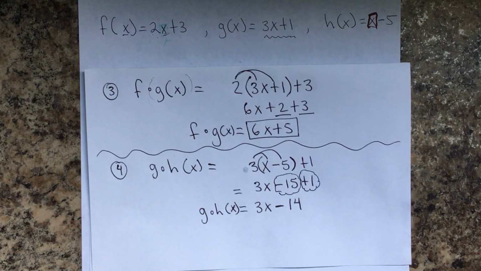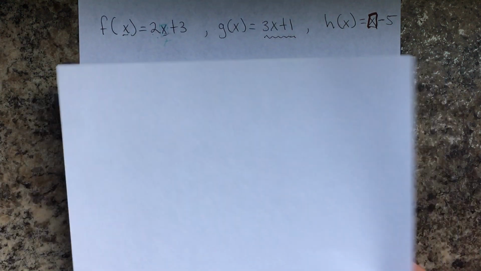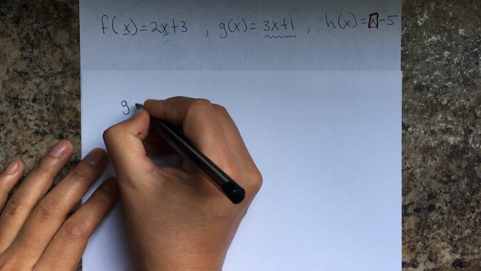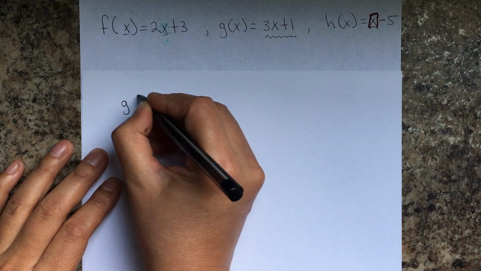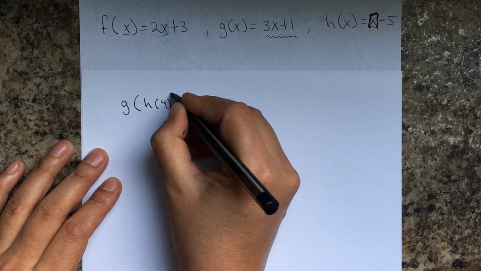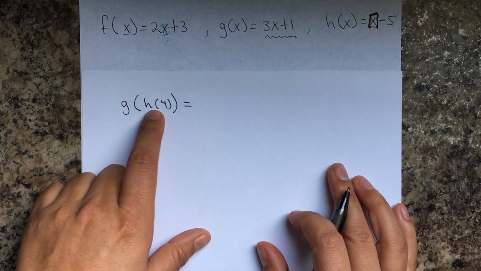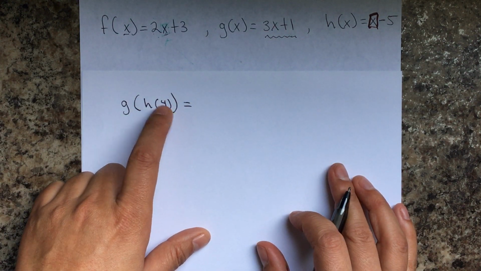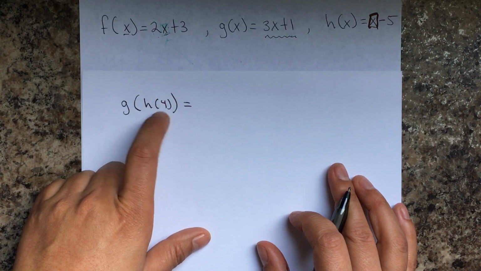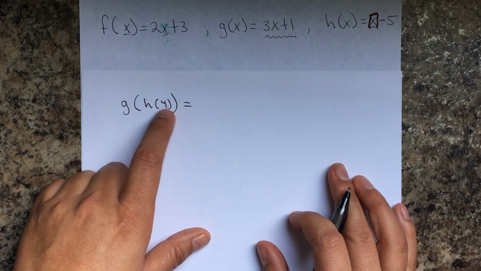Okay, let's do one more, but this one is going to be something additional. Maybe I should do more than one. So now you don't have g of h of x, but now you have a number in h of 4.